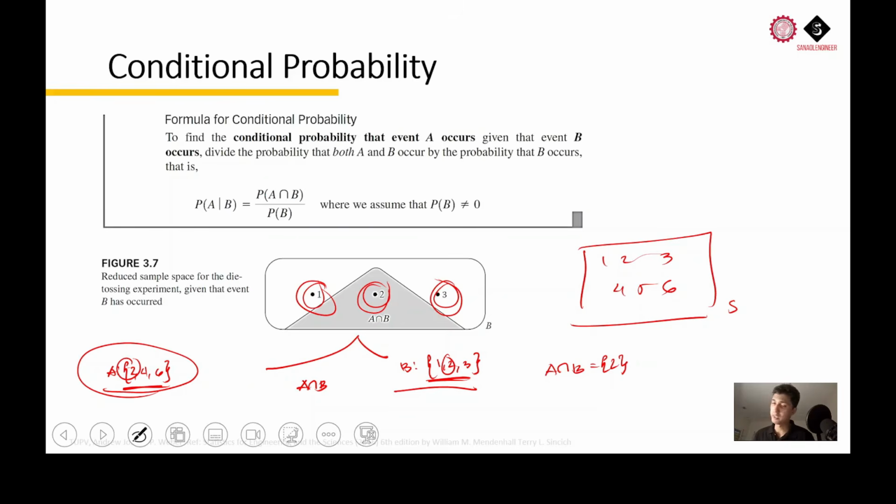Okay, that's how you read it. The probability of A given that event B occurs is equal to the probability of the intersection of events A and B divided by the probability of event B, given that the probability of event B is not equal to 0.